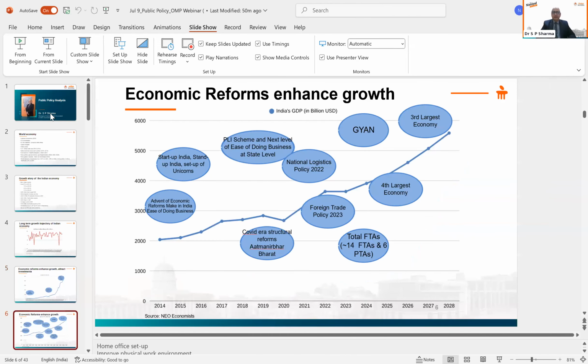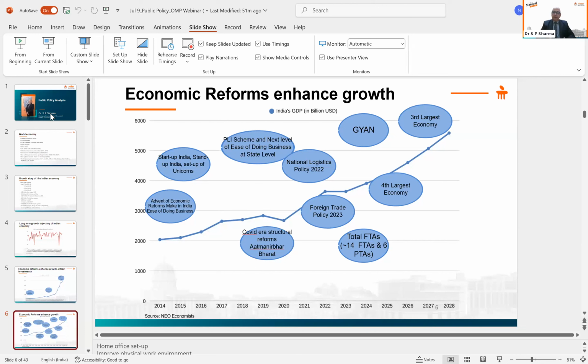And in recent years, starting from 2014, there is a plethora of reforms, starting from Make in India, then ease of doing business, Startup India, Stand Up India. Then there are the national logistics policy, reforms for Atmanirbhar Bharat, then the foreign trade policy, and then the government focused on GYAN.